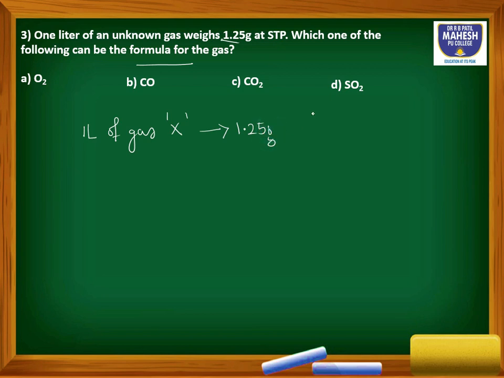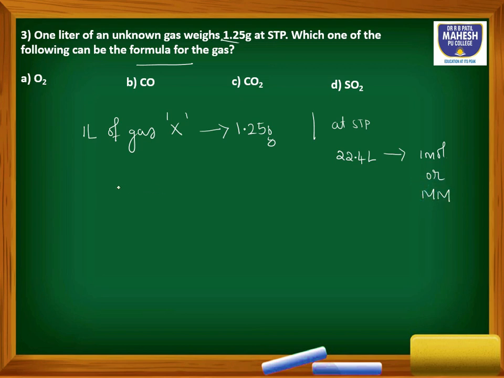Now let us recall the concept that we know. At STP, as we repeatedly studied, 22.4 liters is the volume occupied by 1 mole of any gas, or the volume occupied by the molar mass of any gas.